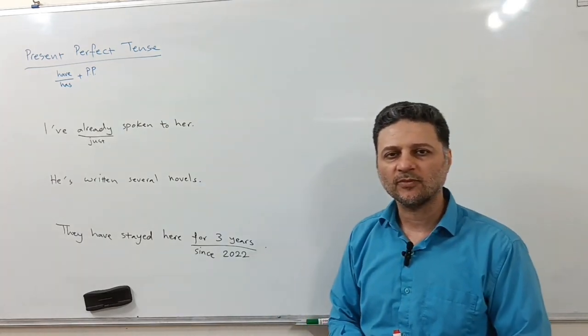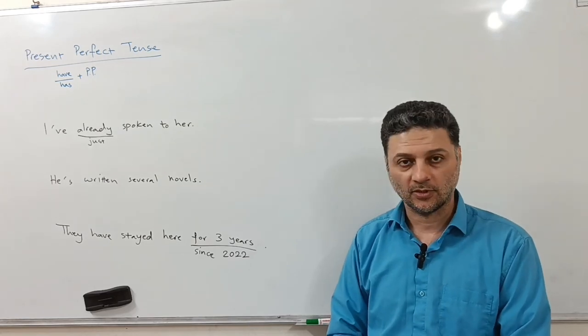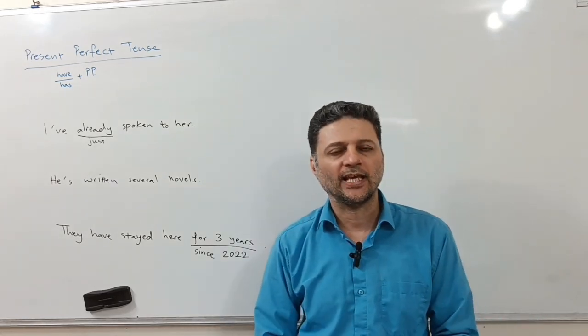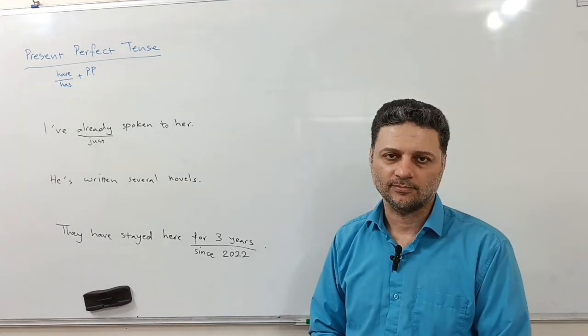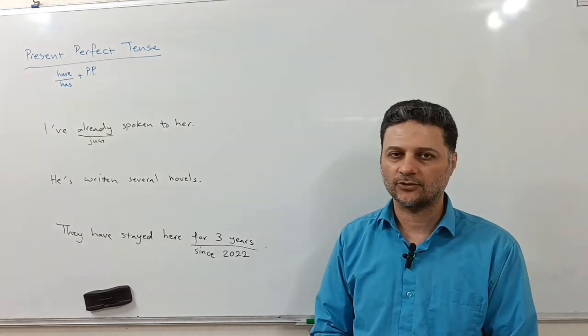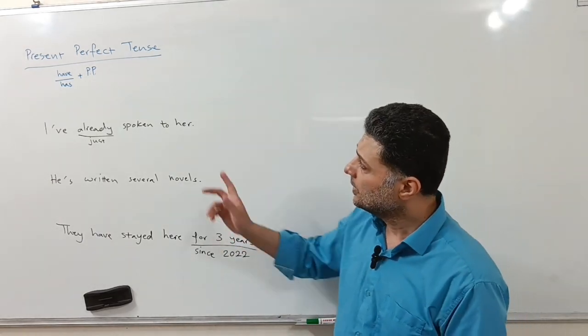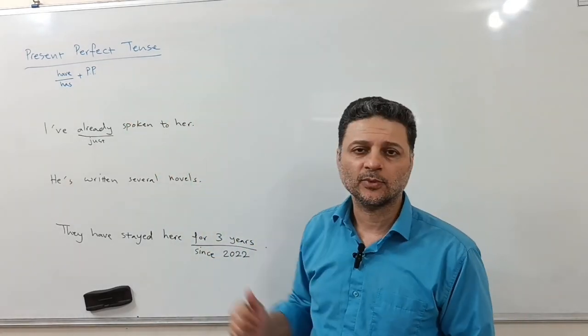The past participle form normally takes ed as far as regular verbs are concerned. But if you're looking at irregular verbs, well, it depends. So you have to learn them from the dictionaries or any other sources that you are using. Well, having known this, let's have a look at the examples I gave you.